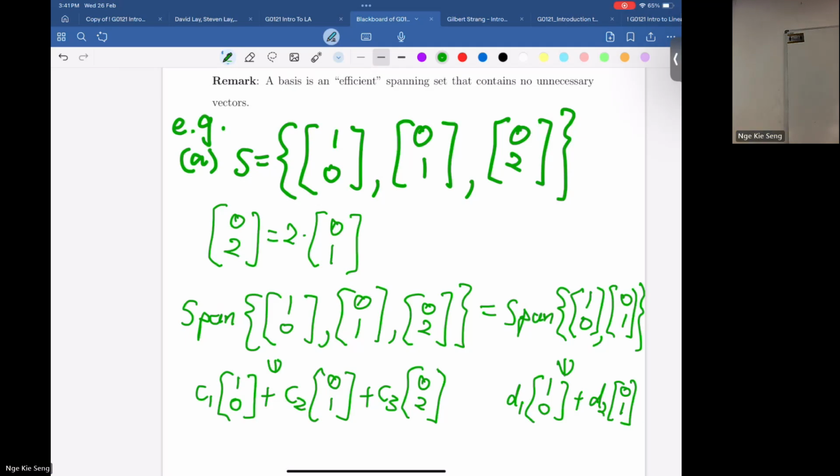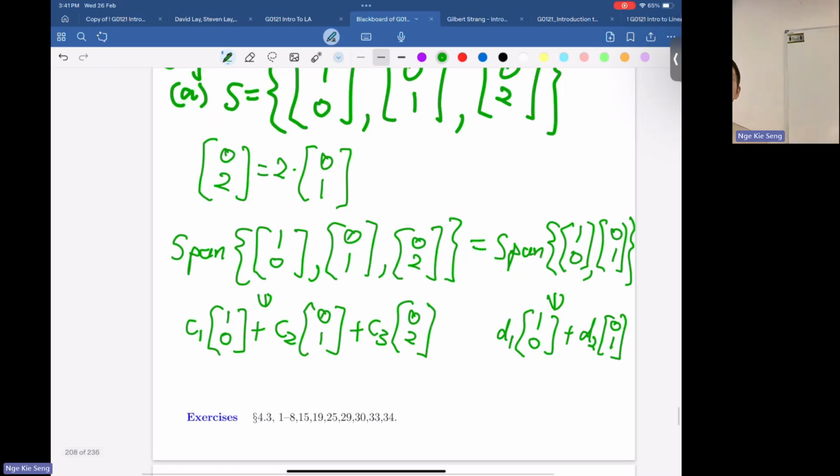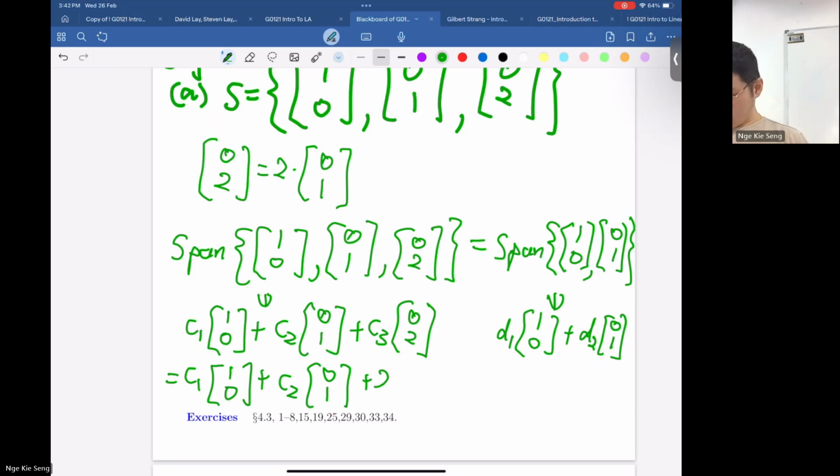How? Any idea? Yeah, Edward. Yes, so you write it in terms of 0, 1. Then you can see that everything on the left-hand side can also be written as a linear combination of the two vectors 1, 0 and 0, 1 only.